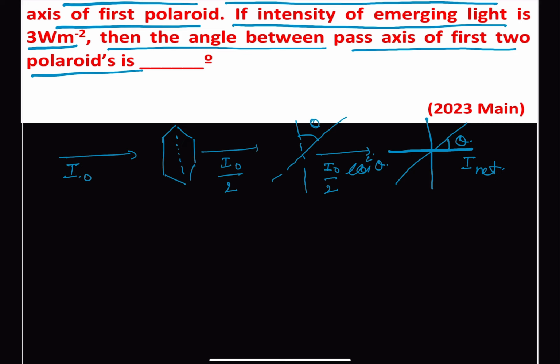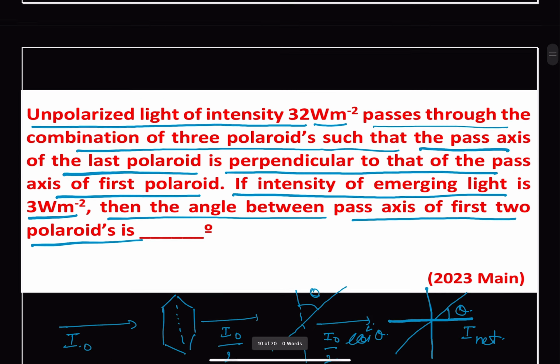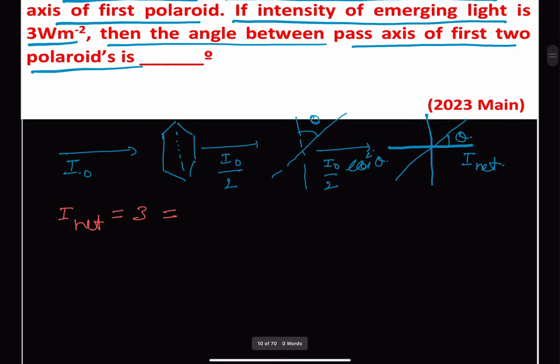We are given that I net is equal to 3, and the input I0 is 32.